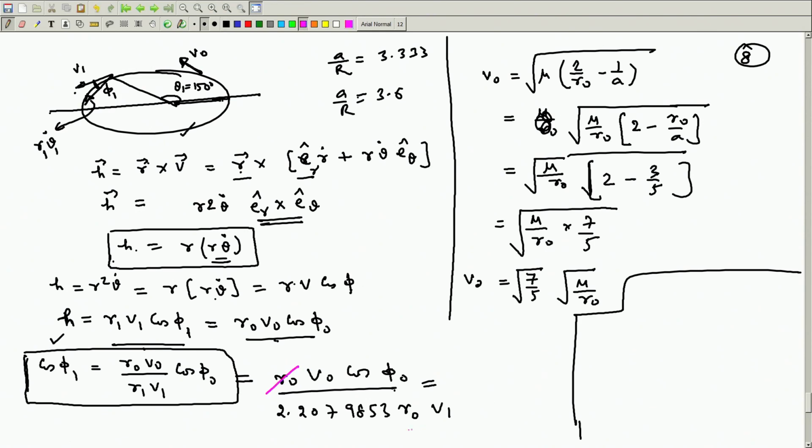So this will drop out. We are left with V 0 cos phi 0 and V 1; this particular part is known to us. So V 0 and V 1: V 0 we have already written in terms of this, so you will utilize it.